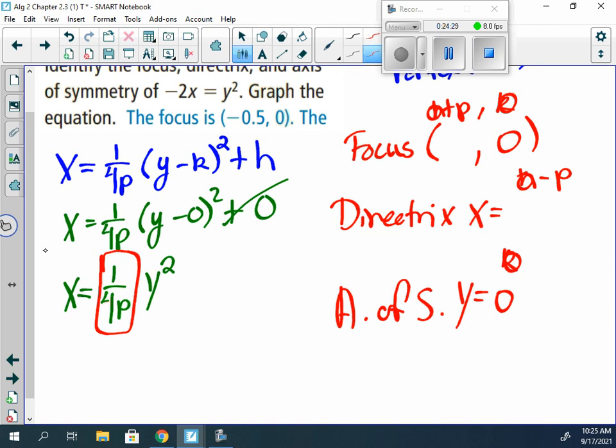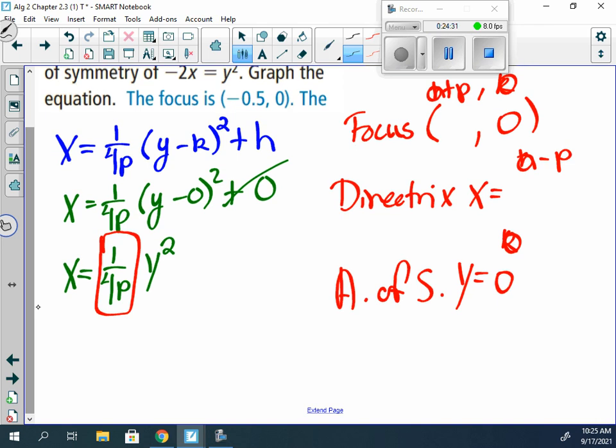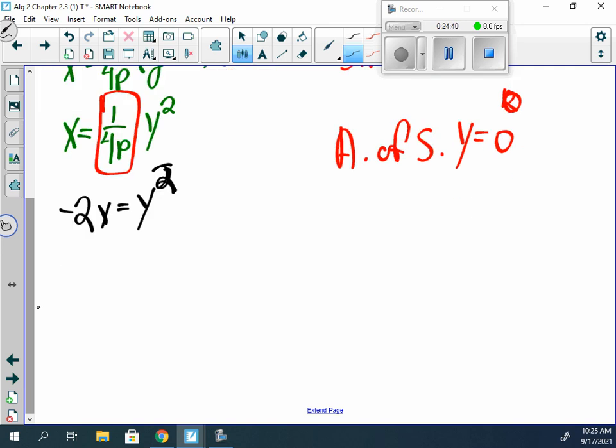So that means if I can take negative 2x equals y squared, and get it in the form x equals 1 over 4p y squared, then I can find the value of p by setting those equal.